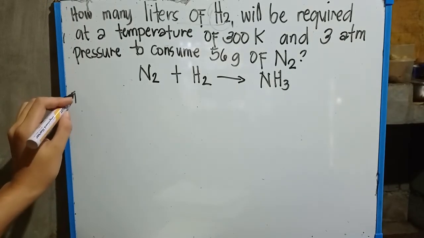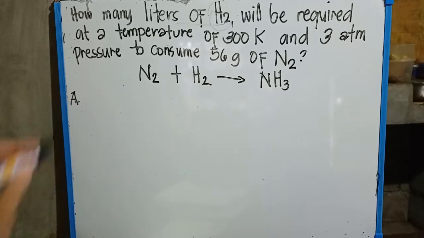So this is the first step. But before that, we need to balance the equation first. According to the given, we have nitrogen plus hydrogen gas, which are our reactants, yields ammonia, which is NH3.